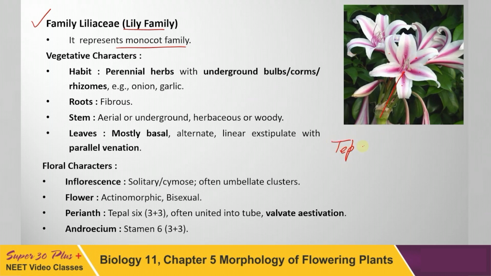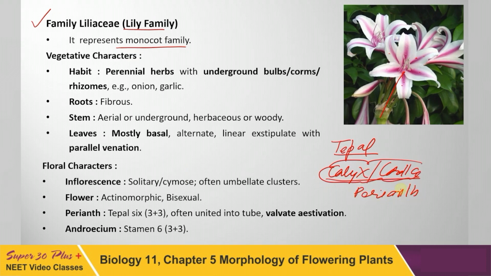In this we do not have differentiation of calyx and corolla. The whorls are not distinguished. Instead of this, the whorl is perianth, and a member of the perianth is known as a tepal.